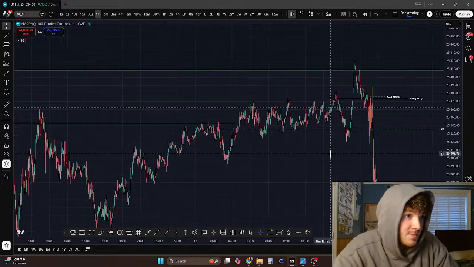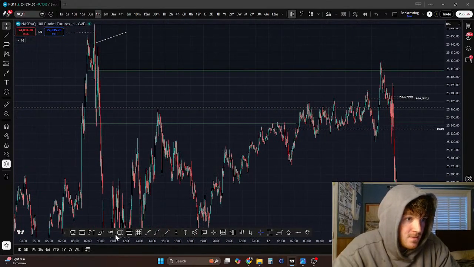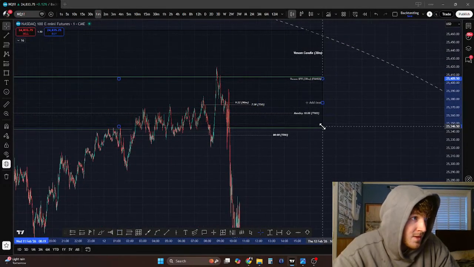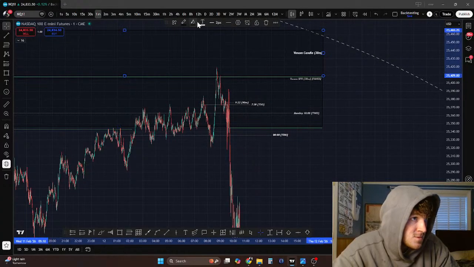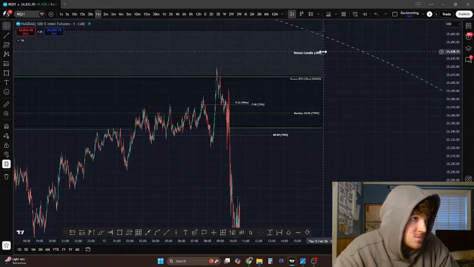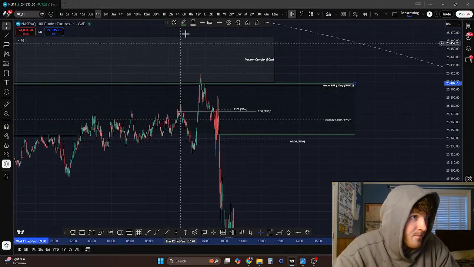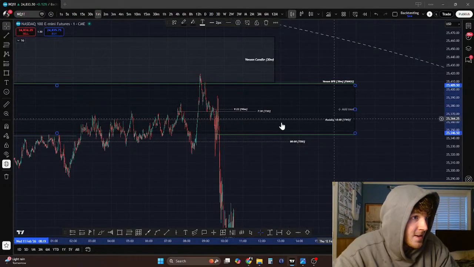So what's the optimal BPR, right? This giant BPR. What is the optimal entry point? We could make this a little bit green.